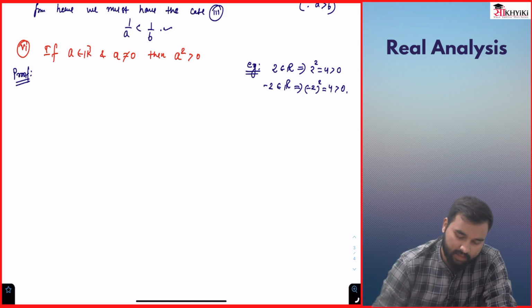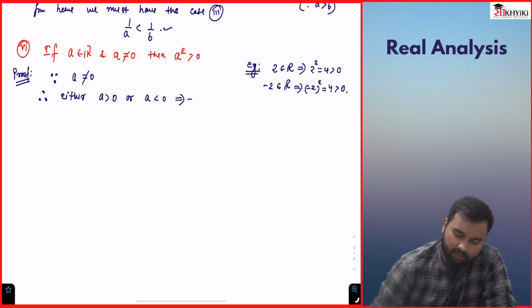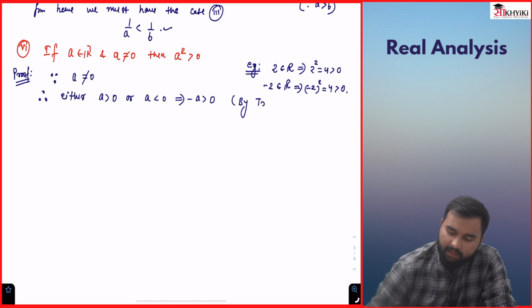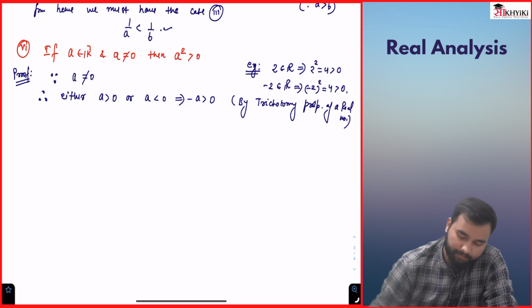Therefore either A is greater than 0 or A is less than 0, which implies what? Negative of A is greater than 0, by which property? Again by the trichotomy property of a real number.